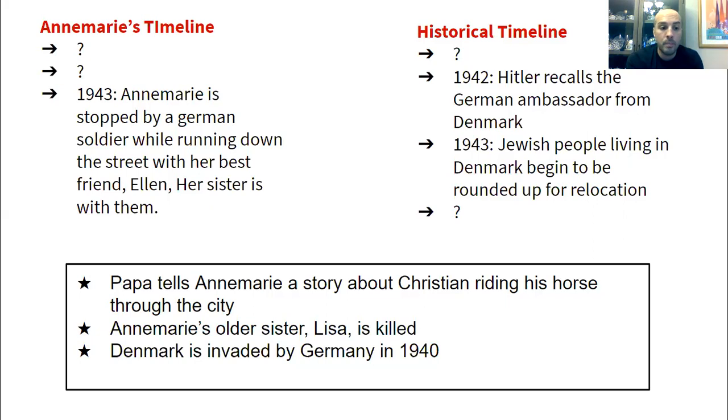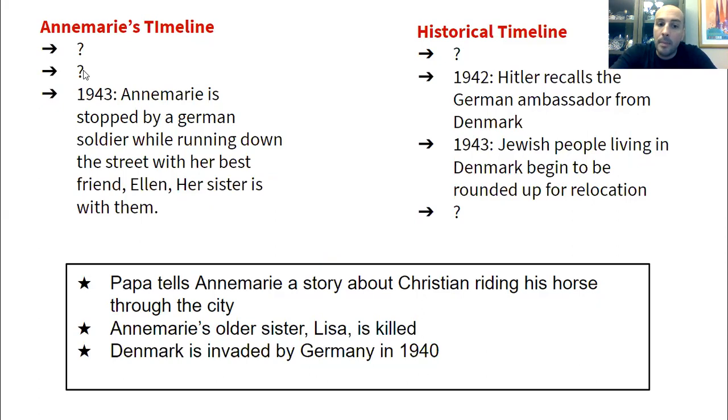In a historical fiction book, like many stories, the author doesn't come out and tell you everything verbatim or directly. You have to infer things and look and think through the story and decide for yourself where things belong on a timeline. So in fact, the first point on this timeline would be that Anne Marie's older sister, Lise, was killed.